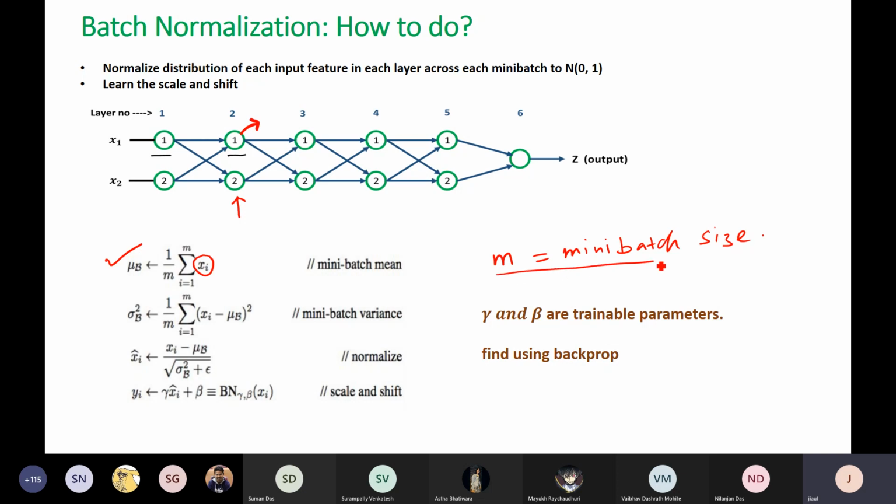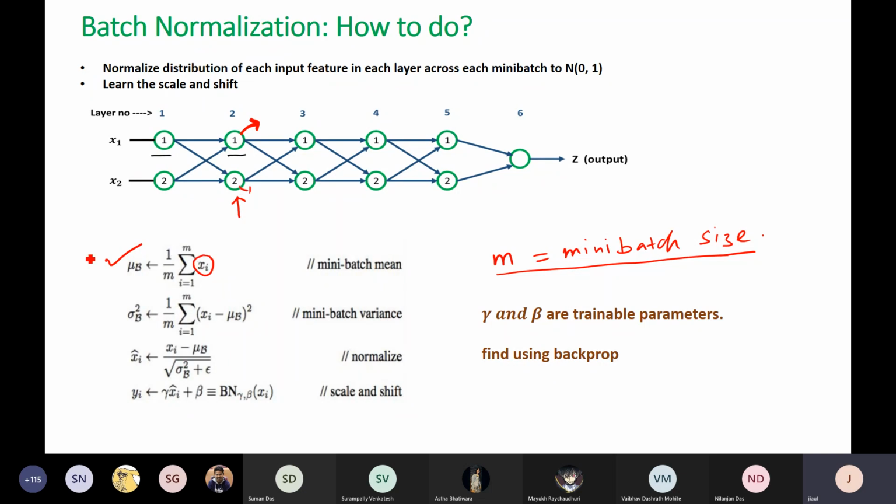Because I have a mini batch of size m, for one sample I get one value, so I am going to get m values from this one. Similarly I will also get m values for this one.